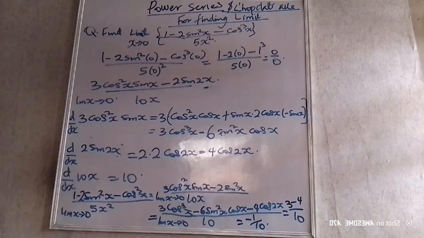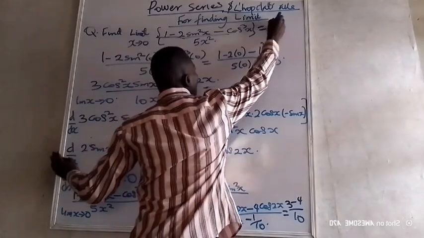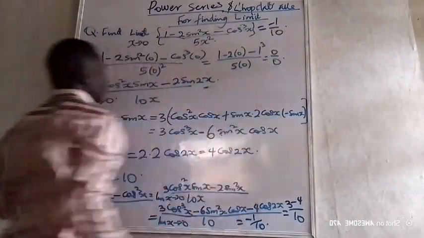So at the end of the day, the answer is equal to minus 1 over 10. That is, the limit as x tends to 0 of 1 minus 2 sine square x minus cos cube x over 5x squared is equal to minus 1 over 10 after using L'Hopital's rule.